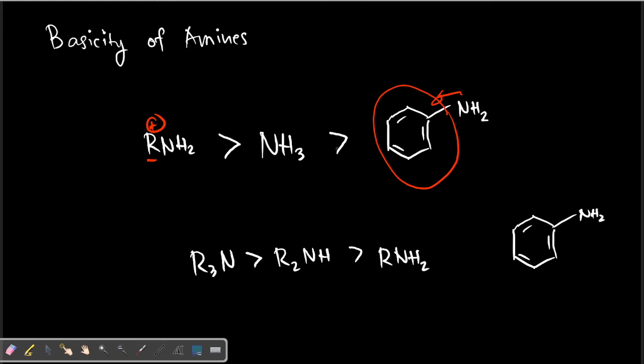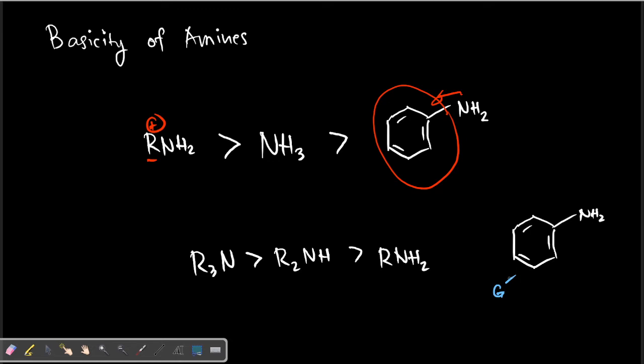Baguhin natin yung kulay ng group na yan. Let's say, meron tayong panibagong group na napabond dyan sa ating benzene ring na yan. So, nakadepende dun sa property ng group na yan kung ano yung magiging basicity nitong ating aromatic amines.